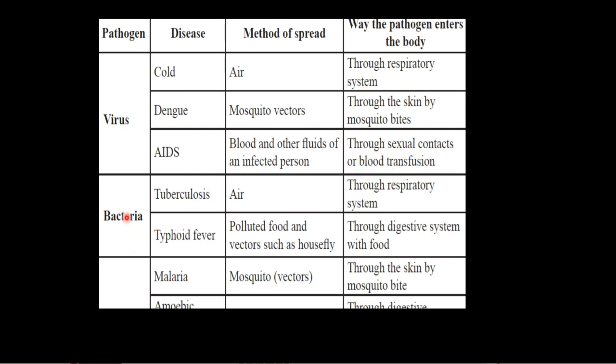And bacteria, disease is tuberculosis. Method of spread is air. The pathogen enters the body through the respiratory system. And typhoid fever, spread by polluted food and vectors such as housefly, through the digestive system with food.